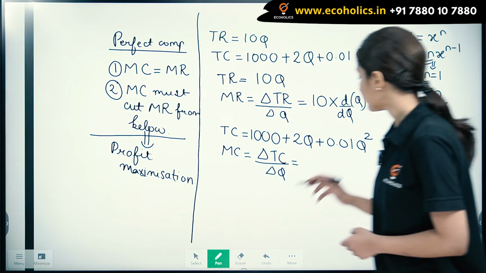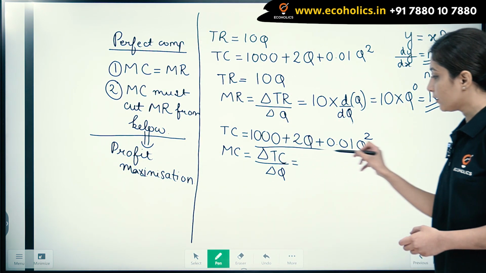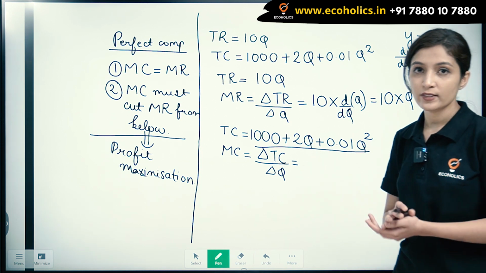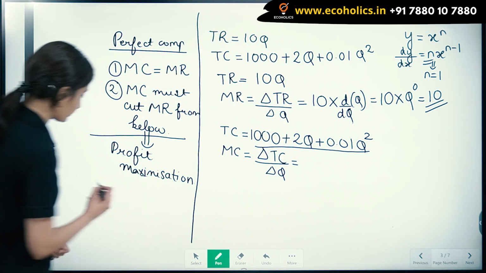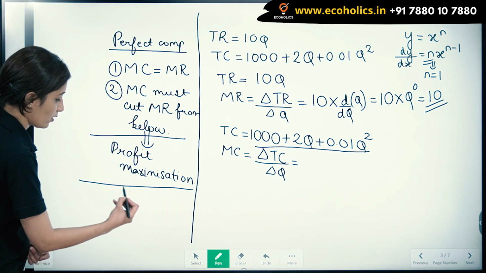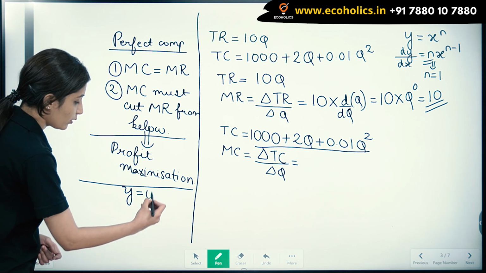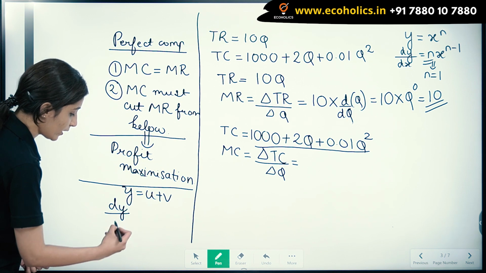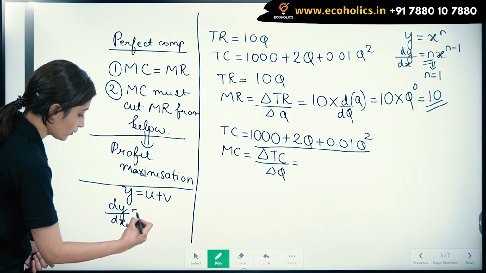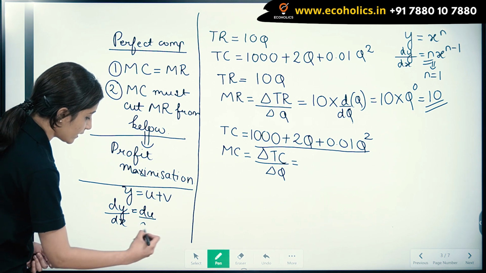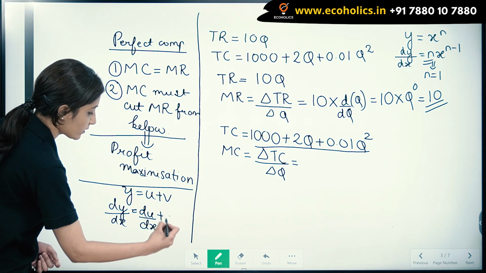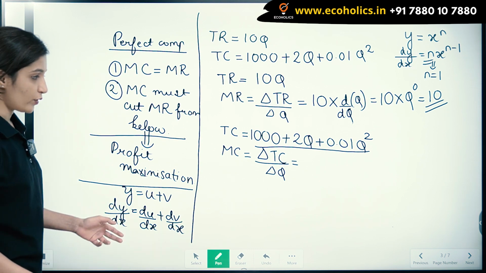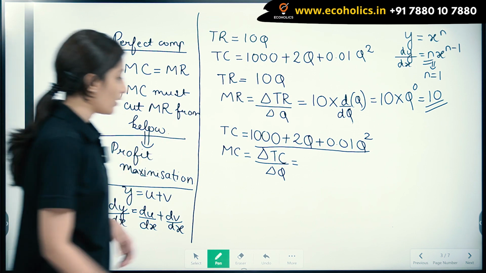So this becomes our addition rule of differentiation. So our addition rule of differentiation states that when y is equal to u plus v, dy by dx is equal to du by dx plus dv by dx. So this becomes an addition rule of differentiation and we are going to use this.